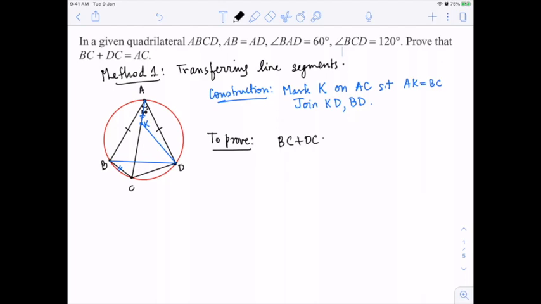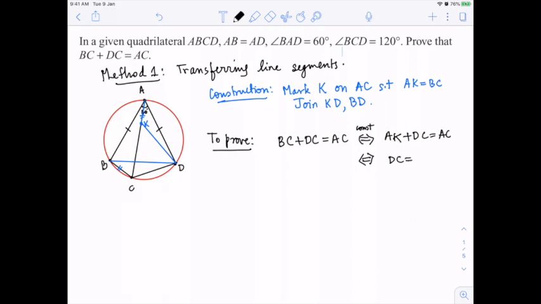This is equivalent to proving AK plus DC is equal to AC. The reason this is equivalent is by construction, because by construction we have AK equal to BC. Now this is the same as DC is equal to AC minus AK, but AC minus AK, as you can see in the drawing, is just KC.